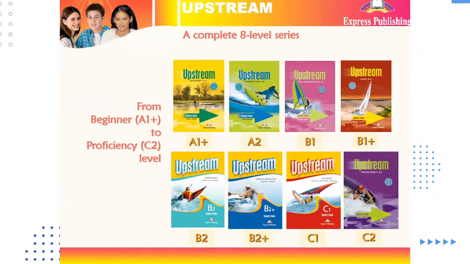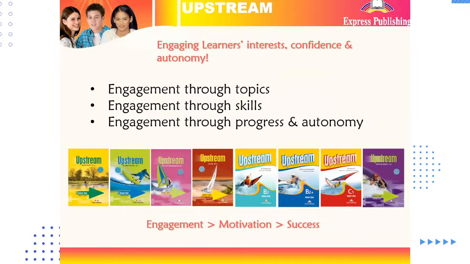Now, this series has been designed especially for young adult or adult learners who are studying English to help them to develop their skills in different ways. The course has also been designed to help engage learners through a number of different topics, variety in the different themes that are introduced in each lesson, engagement through skills development and integrated skills in each lesson, as well as the engagement through progress and through learner autonomy.